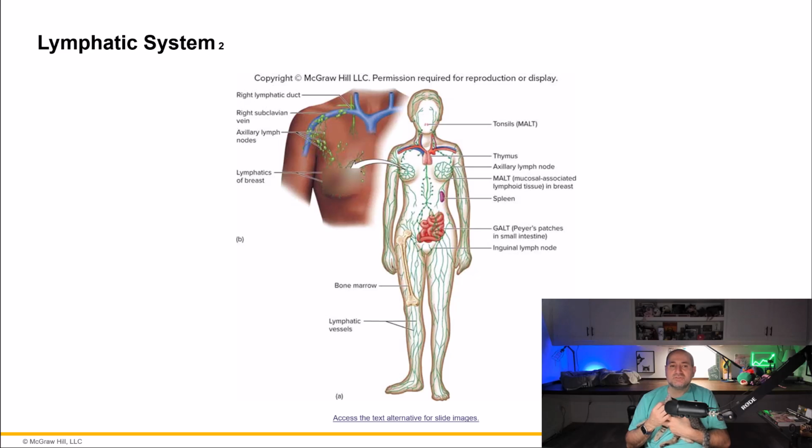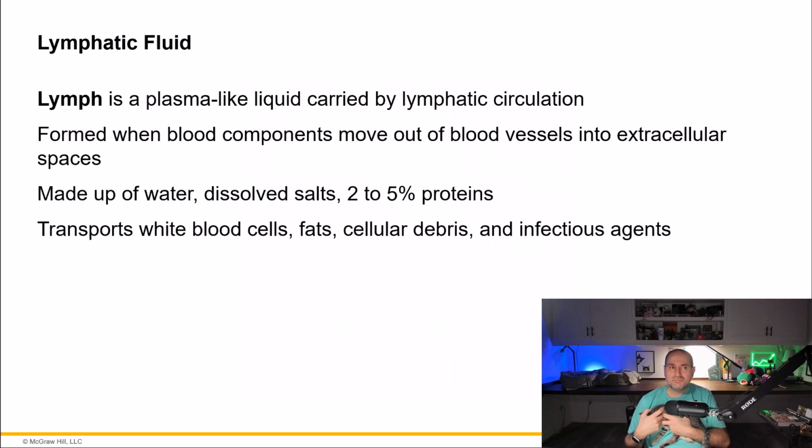You should know that lymph fluid is not blood, but it's a type of interstitial fluid, the fluid that leaves the blood vessels. It is a plasma-like liquid carried by the lymphatic circulation. It's formed when blood components move out of the blood vessels into the extracellular spaces.